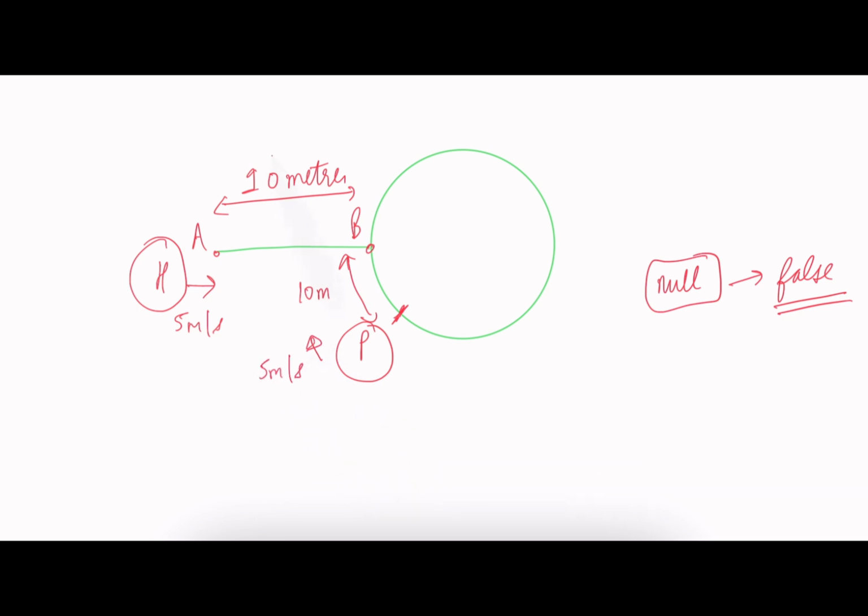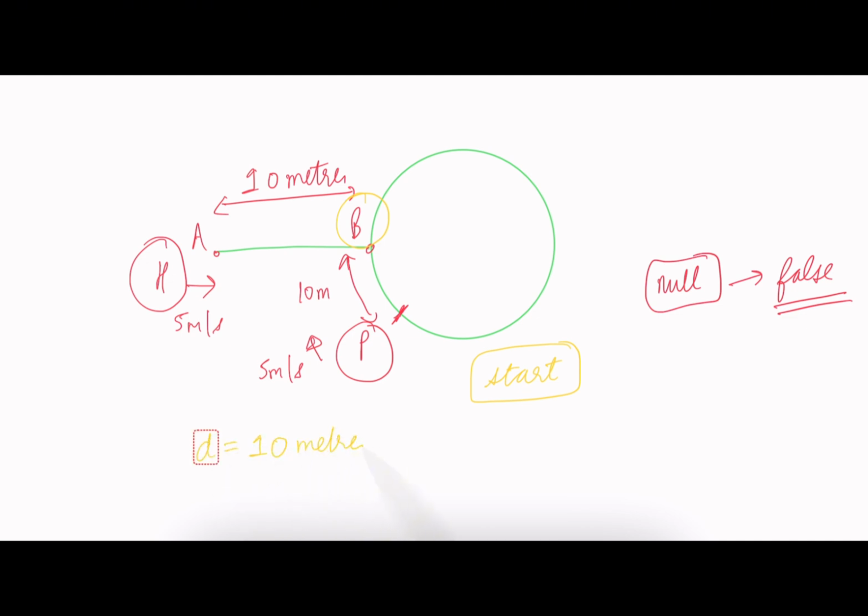Since they are at equal distance from point B, they're going to meet at point B, and this point B is also the start of our cycle. And when they have met, we can simply return that node, and that node is going to be the start of our cycle.